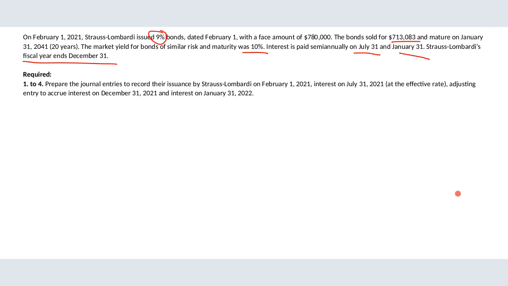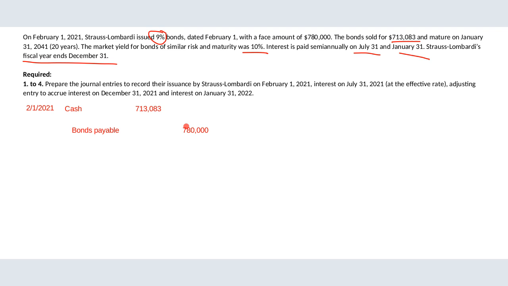On 2/1/2021, you had already provided that journal entry: a debit to cash for the issue price, a debit to discount, and a credit to bonds payable for 780,000.